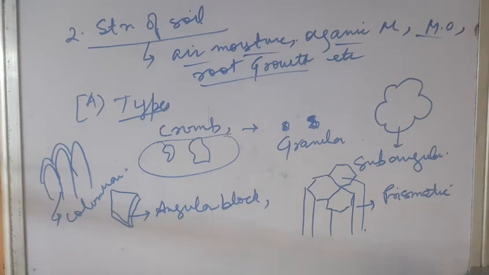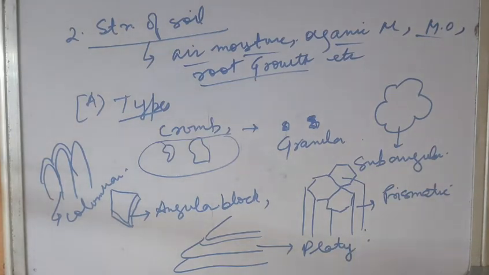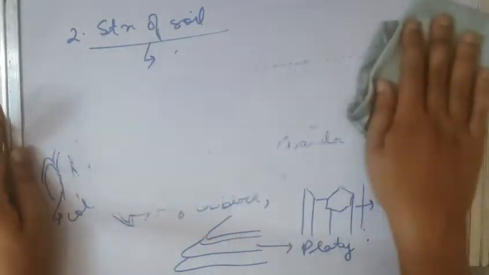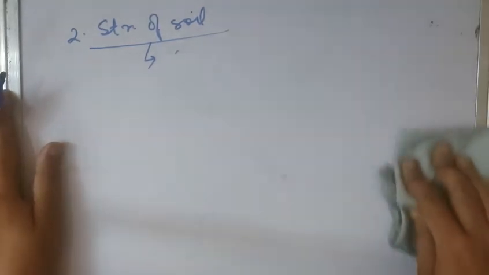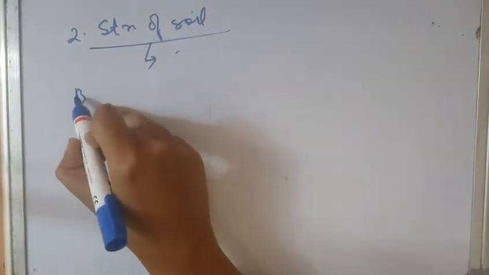We have platey shape, like this in plates. This is divided into plates. So this is platey. So these are some common types of structure, and now moving on to size class. This was B, types of soil structure. Now the class of soil structure.